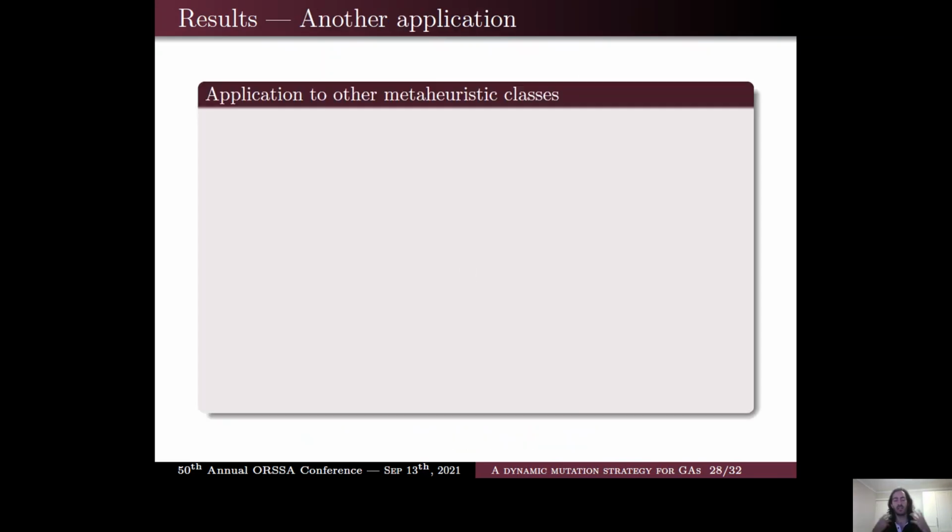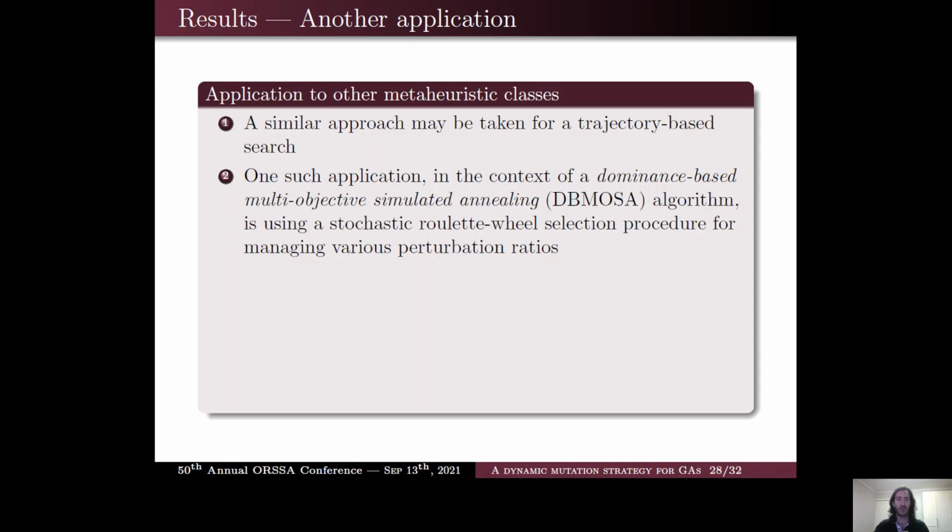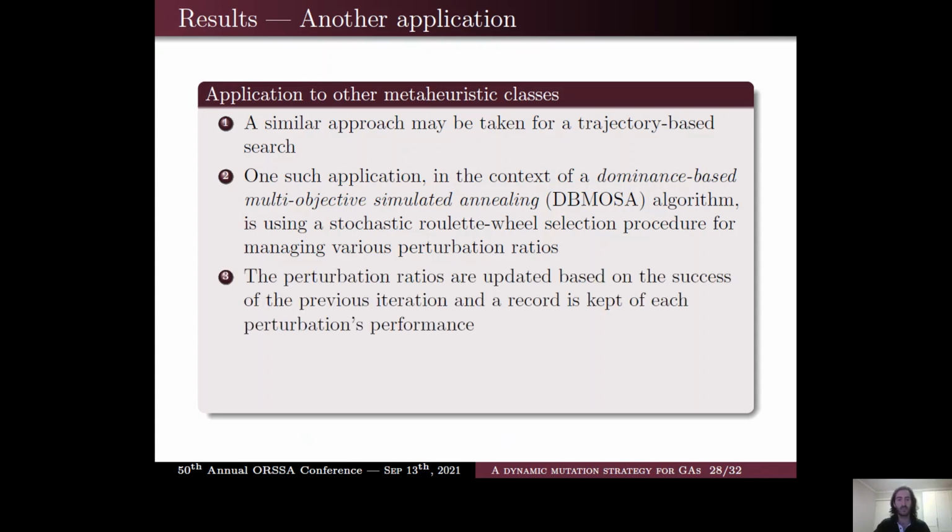This approach of having dynamic mutation strategies can also be extended to other metaheuristic classes. For example, a similar approach may be taken for a trajectory-based search. One such application, in the context of dominance-based multi-objective simulated annealing, or the DBMOSA, is using a stochastic roulette wheel selection procedure for managing various perturbation ratios.